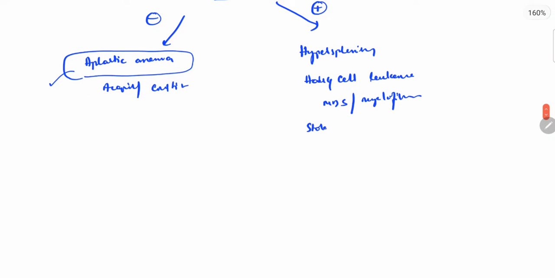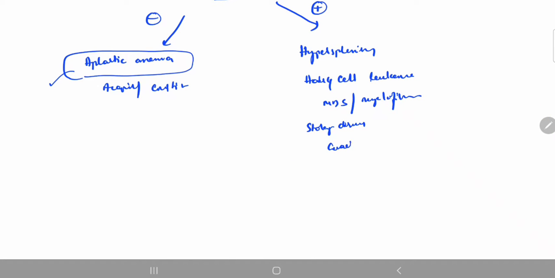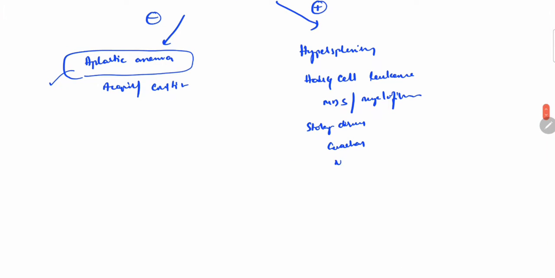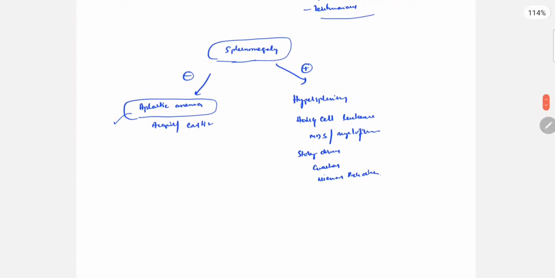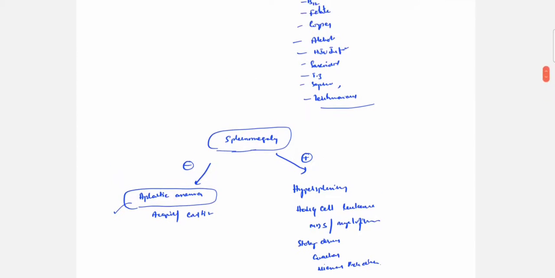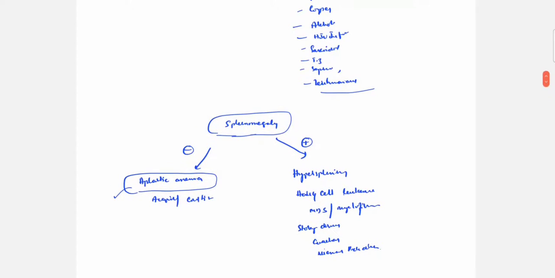Storage diseases like Gaucher, Niemann-Pick disease. So splenomegaly helps to confirm aplastic anemia. If splenomegaly is absent, it is definitely aplastic anemia.